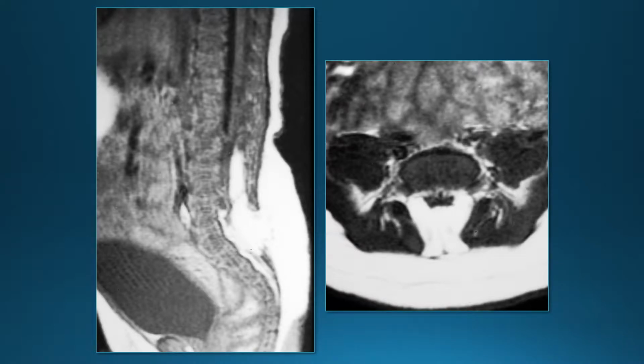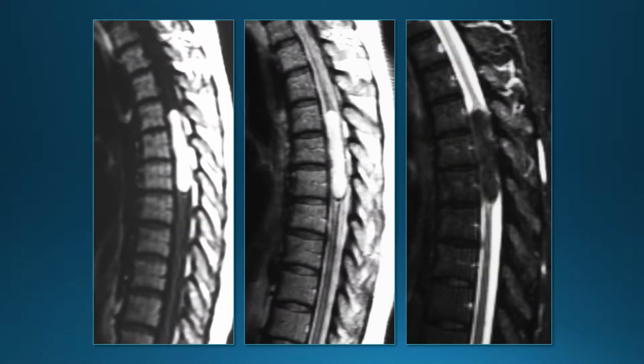So this is lumbar spine on a child. We can see on this T1 image, T1 bright fat in the spinal canal, and it's contiguous with the subcutaneous fat here. Different patient, again, has a fatty lesion in the spinal canal.